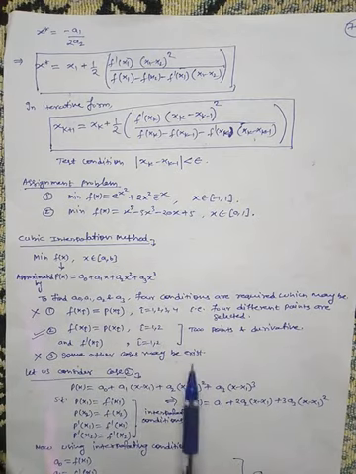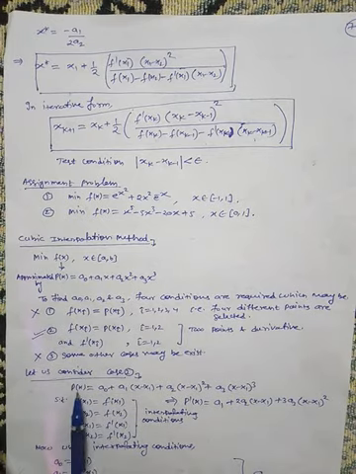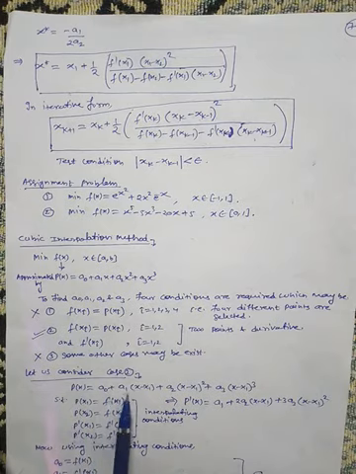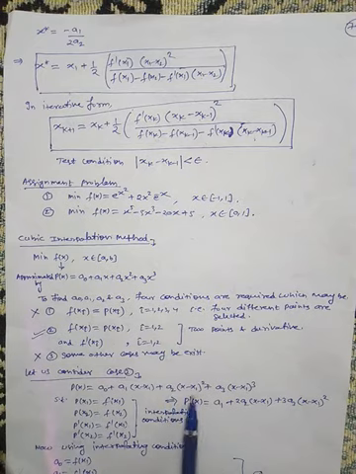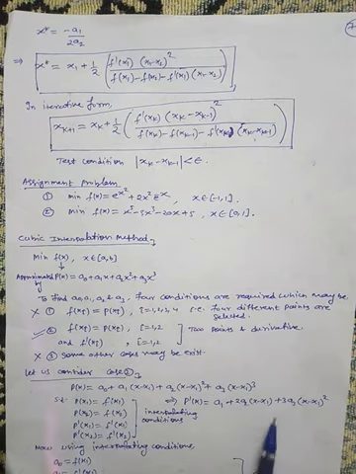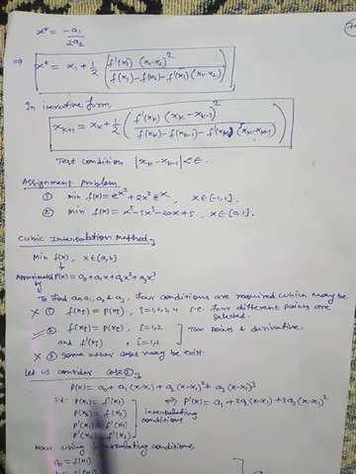Fine. So let us consider case number 2. p of x is given as a0 plus a1 times x minus x1 plus a2 times x minus x1 whole square plus a3 times x minus x1 cube. We are following this form to simplify the calculation.